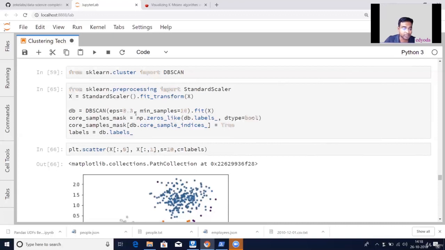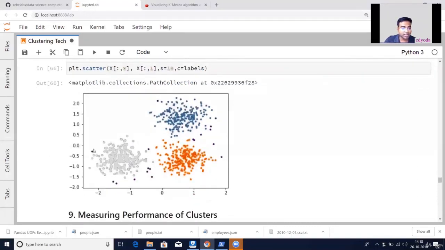Once you do this, you can see the data is divided into 3 clusters, and you can see some purple points here. These are the points which didn't belong to any cluster, because they exceed your eps value. Each point tries to find the closest dense cluster, and it belongs to that. You can use DBSCAN for outlier detection also. I'll touch this again in the outlier detection module.